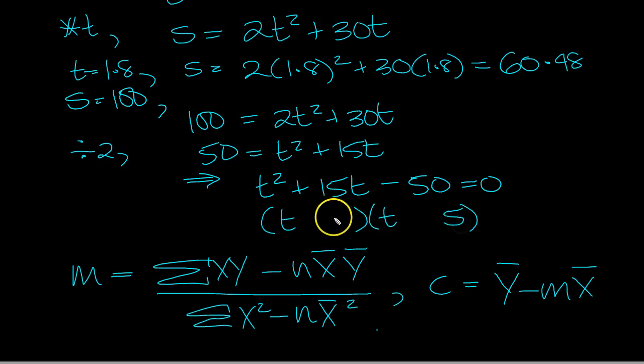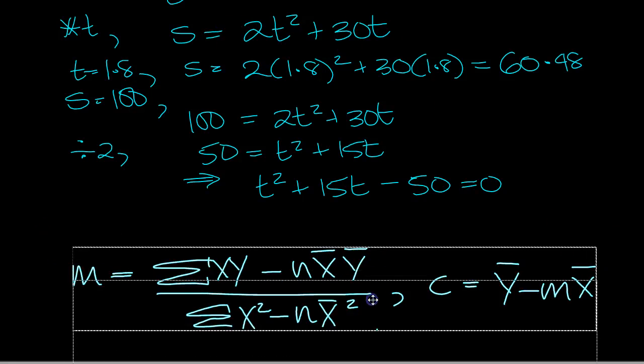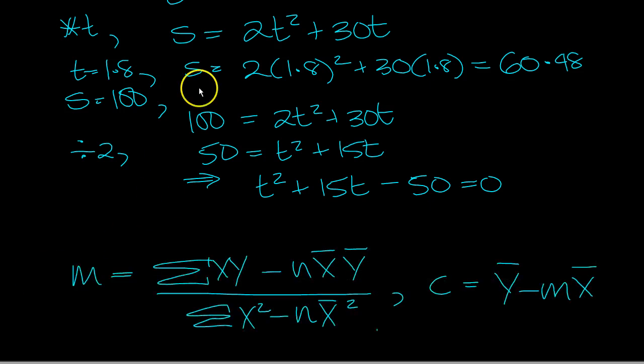5 tens. No. 20. No, it doesn't. Because it's a plus and a minus. Okay, so we'll have to work out using the formula. Okay, let's have a look at it then.